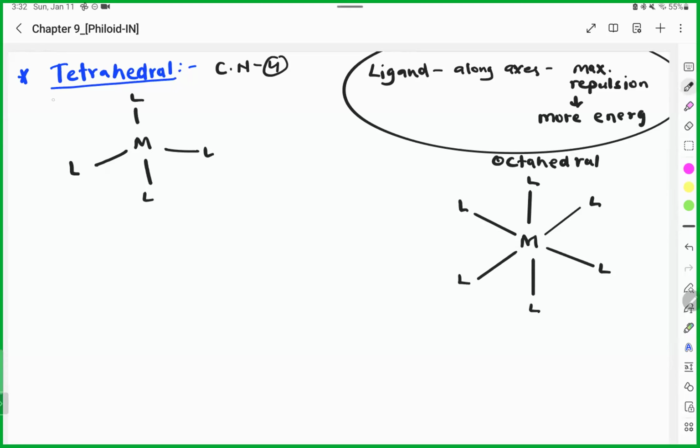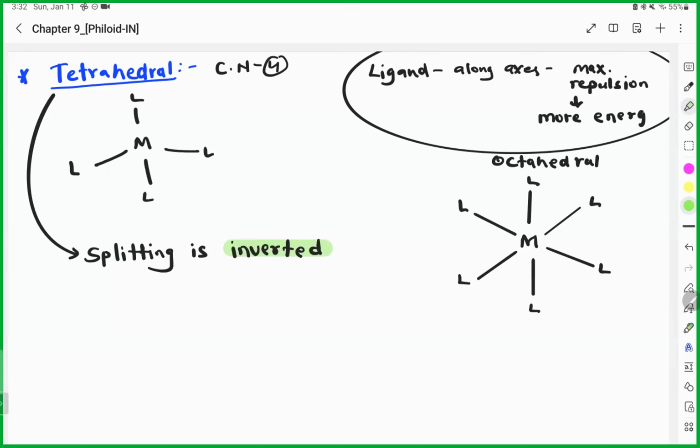So in tetrahedral, you will see the splitting is opposite. Splitting is inverted. If somebody asks why, your answer should be because this time in tetrahedral, all the ligands are present in between the axes.